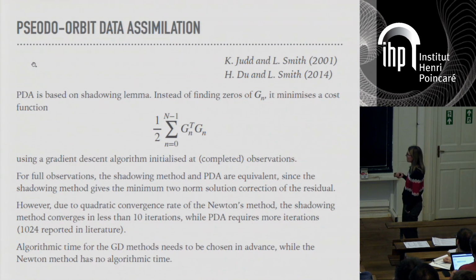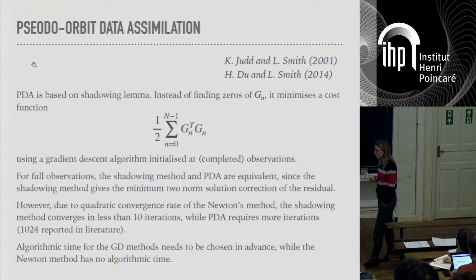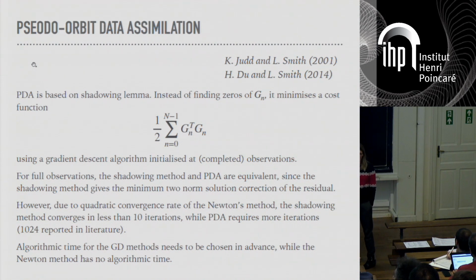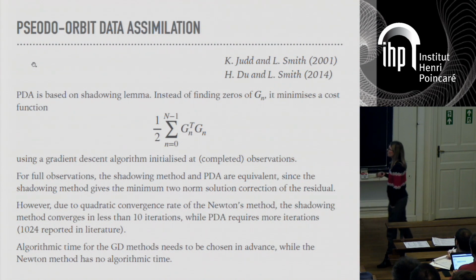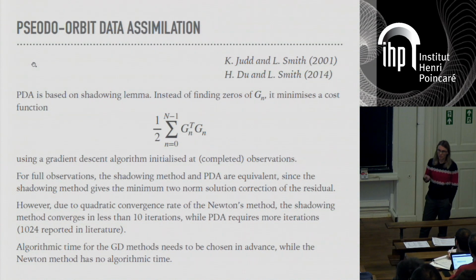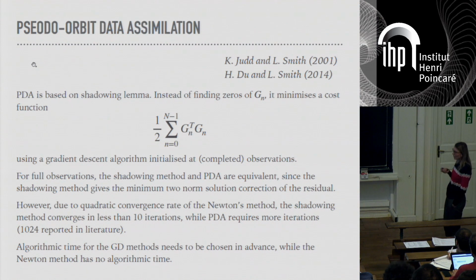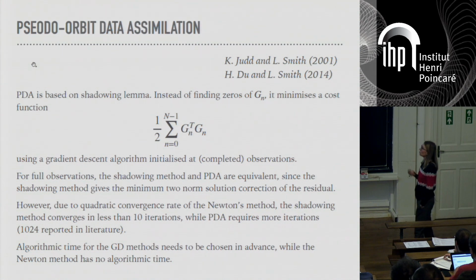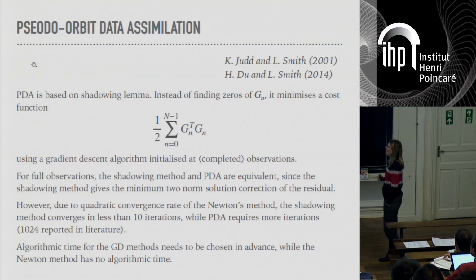What is the difference? In the shadowing method, we use Newton iterations. Because Newton has a quadratic convergence rate, we have a better convergence rate than the gradient descent algorithm. On average, the shadowing method converges in less than 10 iterations, while PDA requires more iterations, but this is again due to the gradient descent.